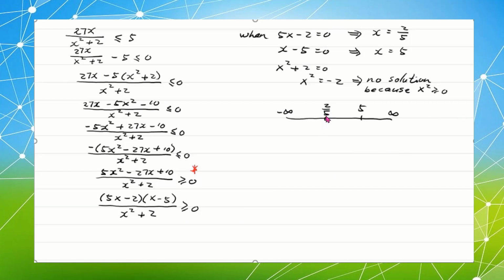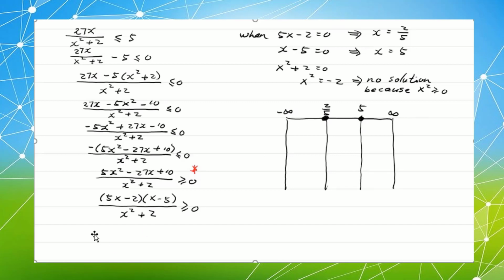Now since 2 over 5 comes from 5x minus 2 and 5 comes from x minus 5, these two values are included in the interval. So we use the solid circle. Then the number line has been divided into 3 regions.